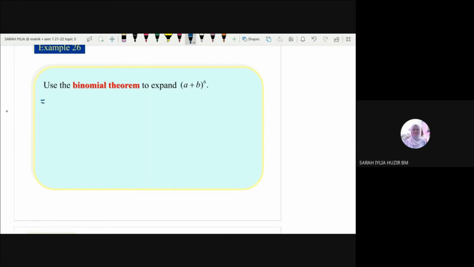So dia akan start dengan template ni fix N C0. So in this case N kita 6. So 6C0. Kalau saya suka buatlah ada template dulu. So dia akan 6C1, 6C2, 6C3 sampai awak jumpa 6C6.